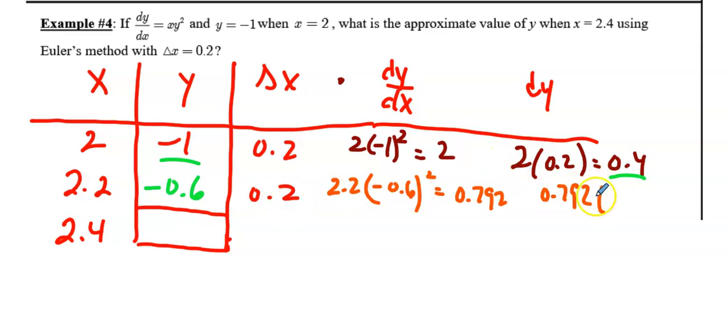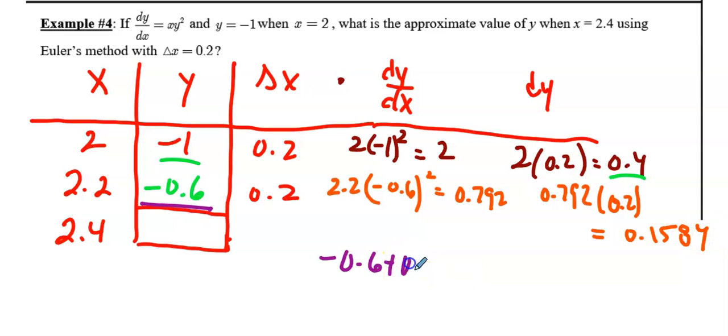We're going to multiply that by 0.2, and we're going to get 0.1584. Then we finish this question by adding our change in y to the -0.6, and our final answer is -0.4416.